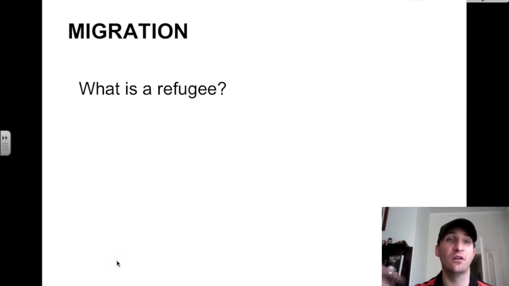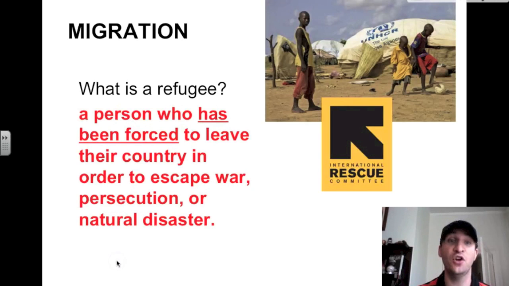Migration, as we just said, one of the challenges of a changing environment is people moving out of a place. And some of these people move out of a place by force, and that's called a refugee. So what is a refugee? A person who has been forced to leave their country in order to escape war, persecution, or natural disaster.